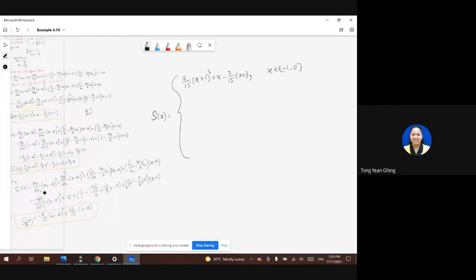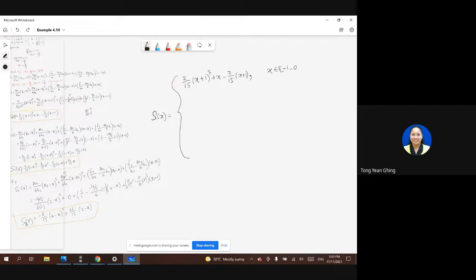If you want, you can also write it this way in front. That doesn't matter, it's okay. If you don't want to, also fine.